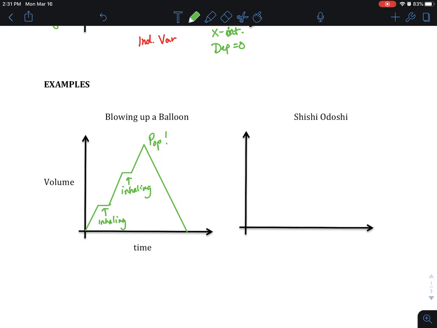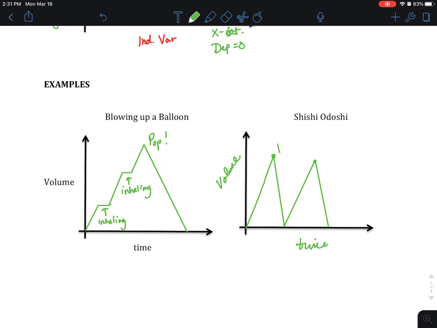The Shishiyodoshi, remember the water goes into that bamboo pipe, so the volume of water in the pipe is increasing as time goes on until the volume hits its potential and the Shishiyodoshi spills, and the volume goes down to 0 quickly, and then it just repeats that process over and over again, and hopefully scares away deer, right?